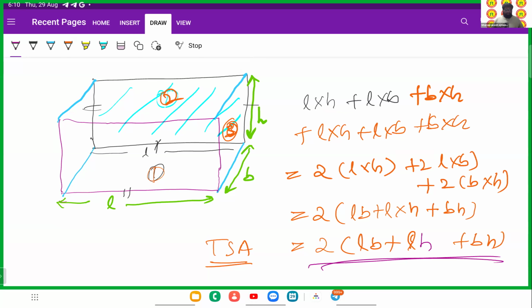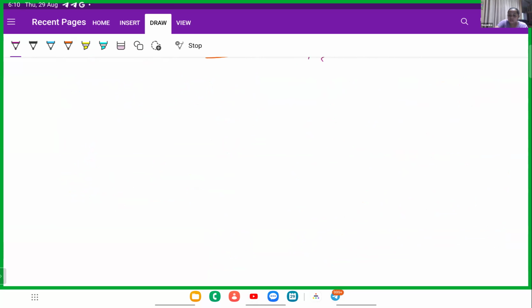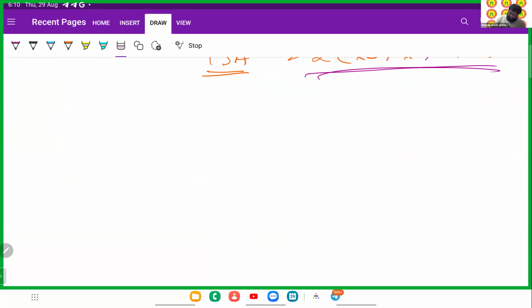Anyways, next, the final one is cuboid. Sorry, cylinder.